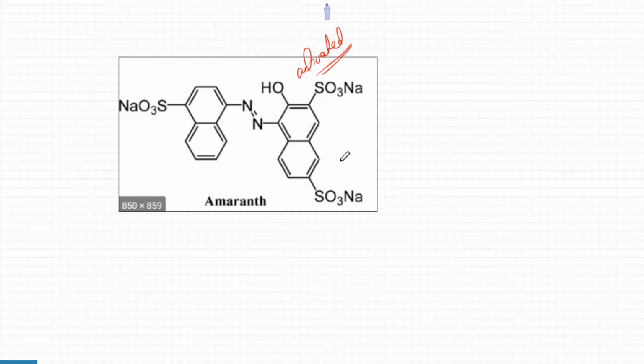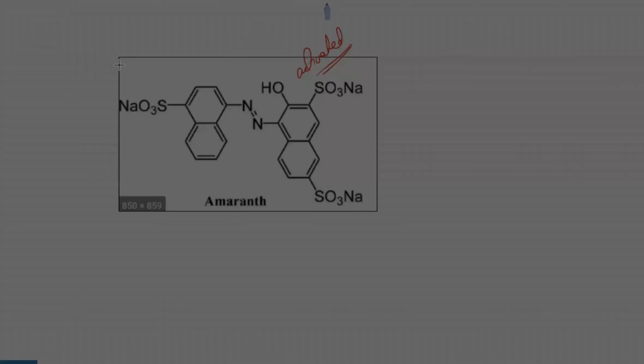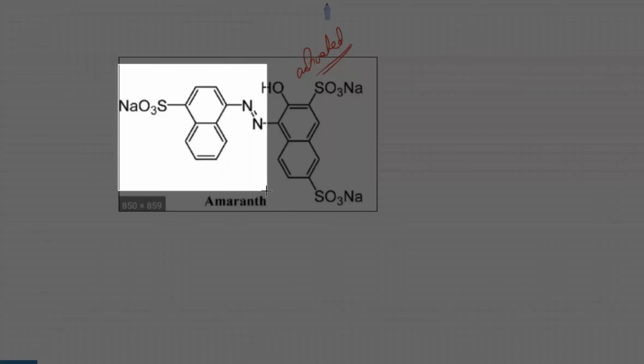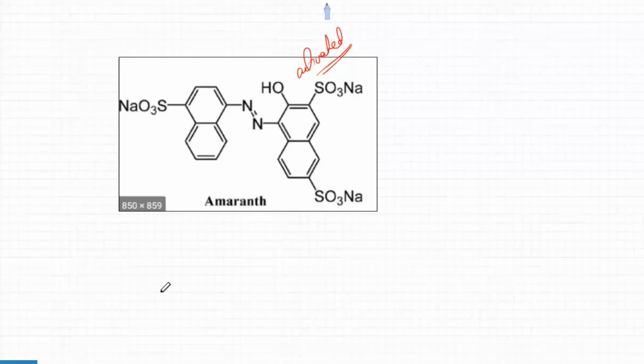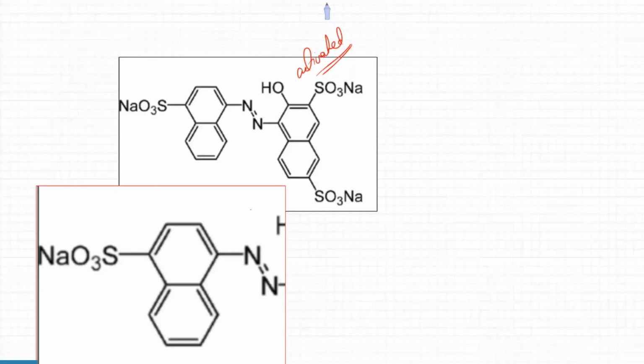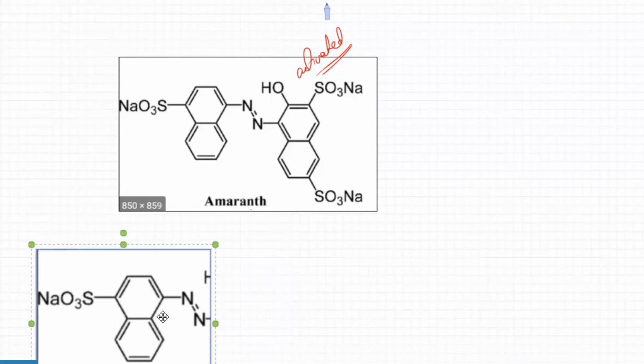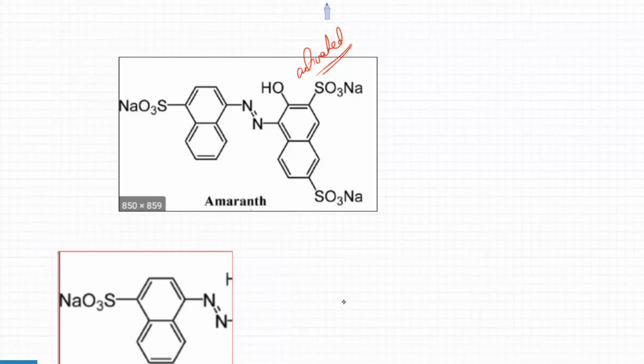So that means the N triple bond N plus one came from the other side. So your original reactants were, ignore the H, this thing over here would have been your N triple bond N plus one.